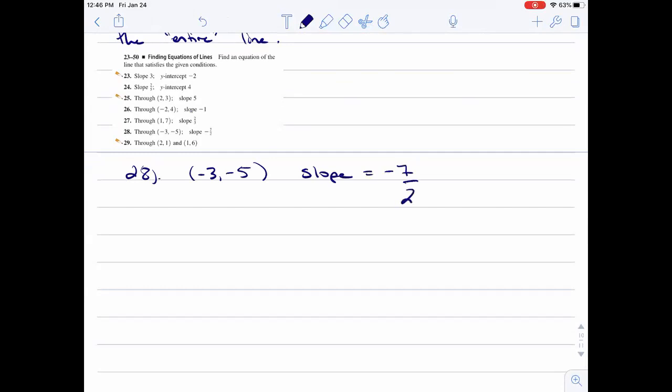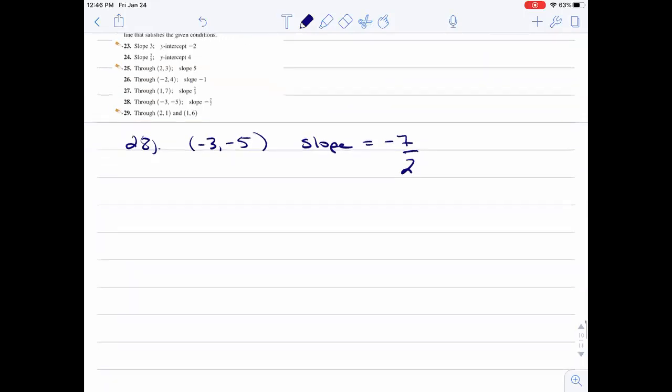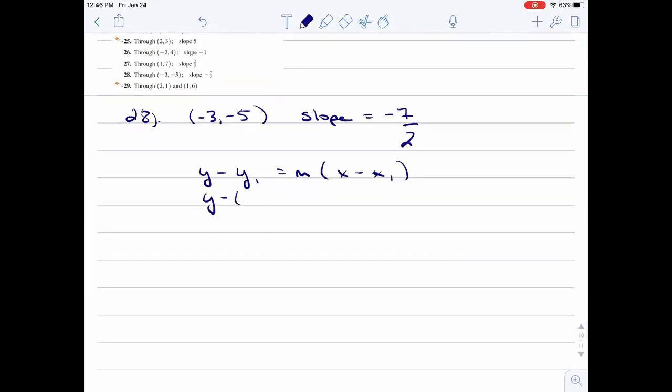I picked a hard one right away. Okay. So if we've got the point slope form, y minus y1 is m times x minus x1. -3 is our x1 and -5 is our y1. And so we get y minus -5 is the slope -7/2 times x minus -3.